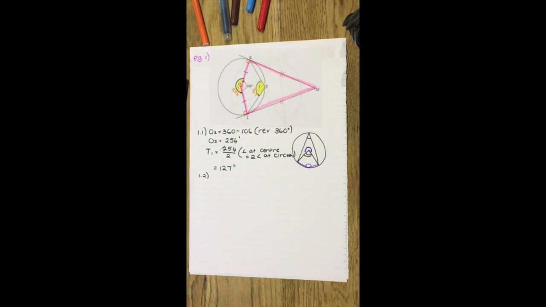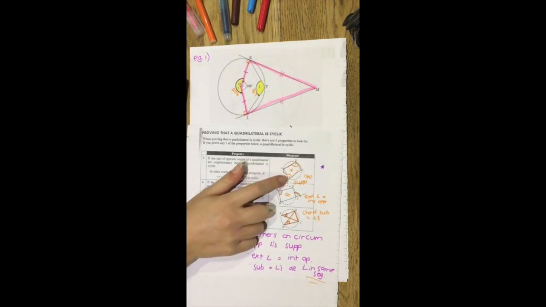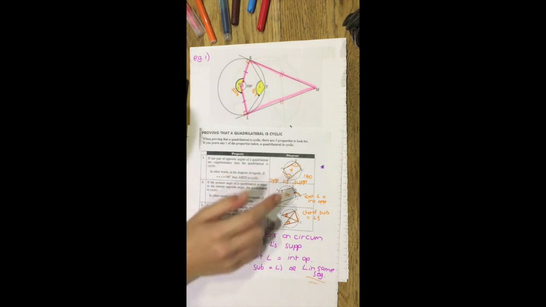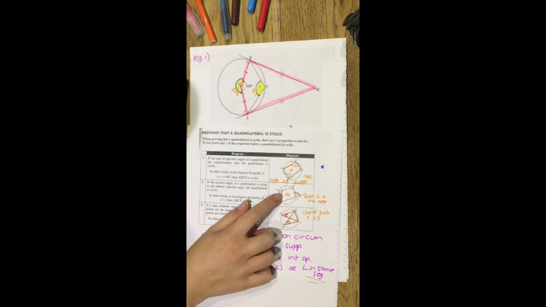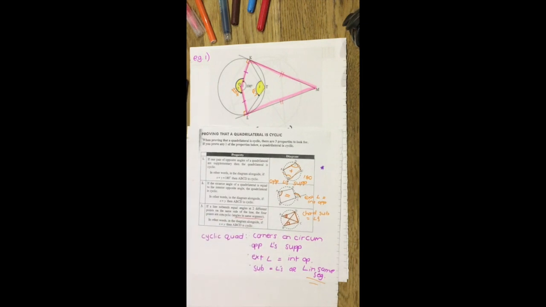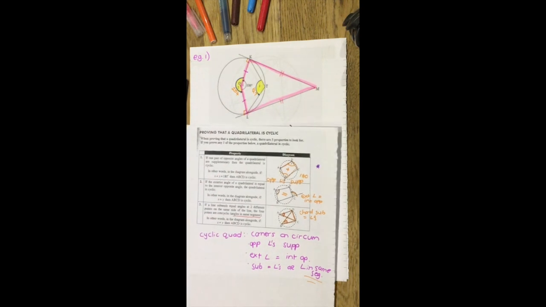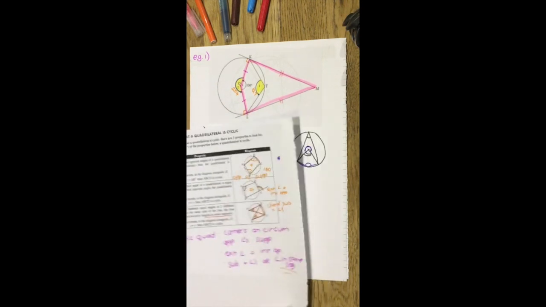Remember, there are multiple ways to go about proving that something is a cyclic quad. Here is our special page. You can show that opposite angles are supplementary, or that an exterior angle equals the interior opposite angle, or you can do the bow tie thing. I definitely don't see any bow tie things going on with this pink one, but I think you could use one of these two.